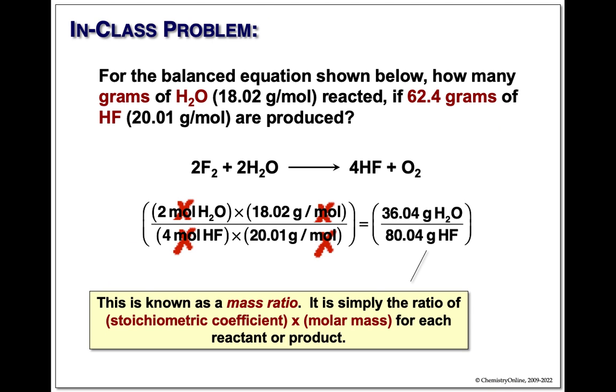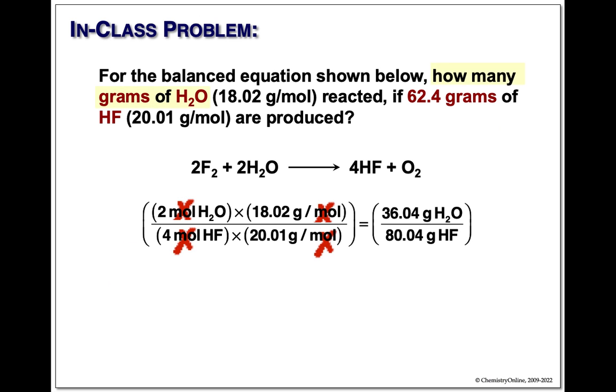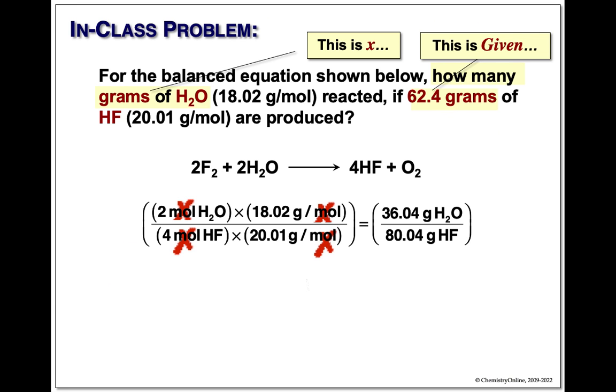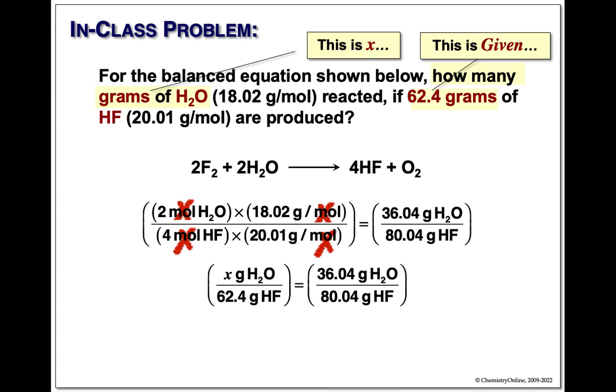All right, so here's our ratio. The unknown ratio, here's our unknown up here, grams of water. Grams of HF is the given. And here's our equation. 64 times 36 divided by 80, 28.1 grams.